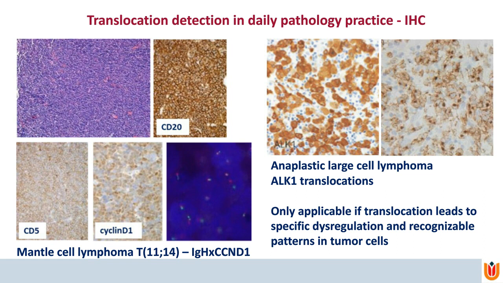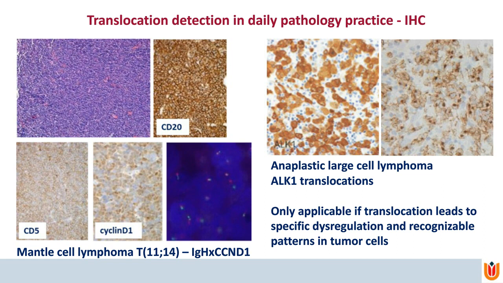As cyclin D1 is only expressed at very low levels in all other cells in the lymph node, but the tumor cells, we can very easily see that overexpression of the oncogene in the lymphoma, and that is very helpful for our diagnosis.